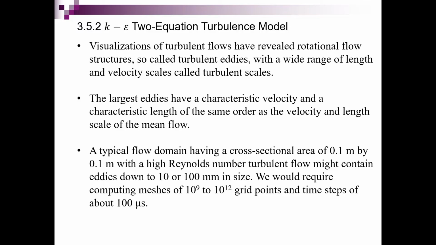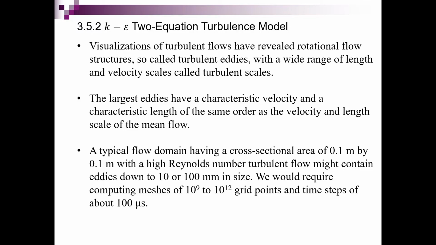The range covers very small scales up to quite significant scales, where the largest turbulent eddies have a characteristic velocity and characteristic length of the same order as the velocity and length scale of the mean flow, which is the flow that you can see in laminar.